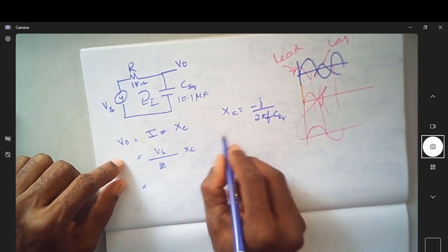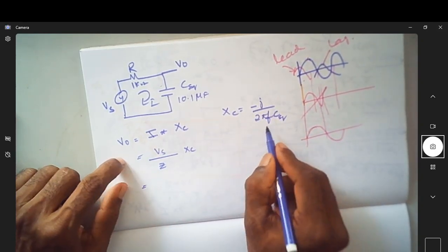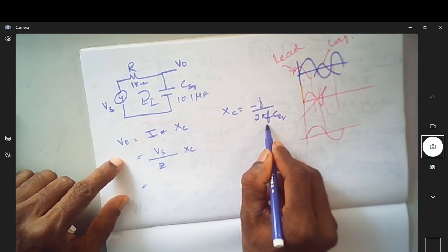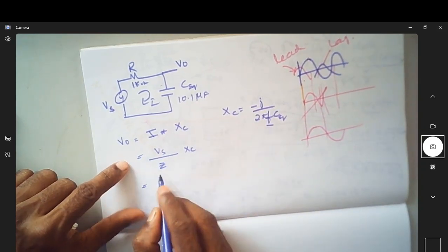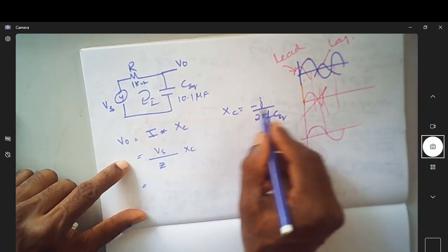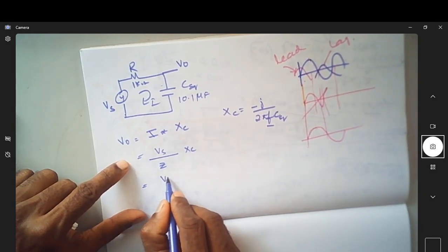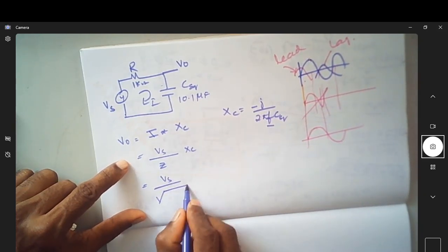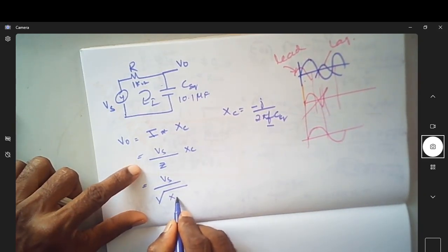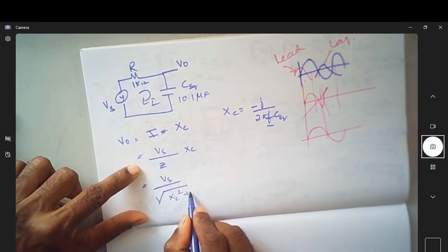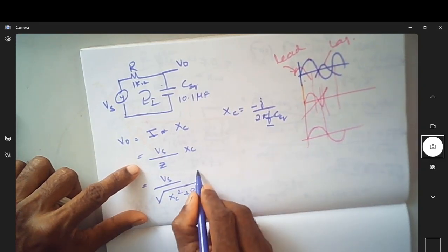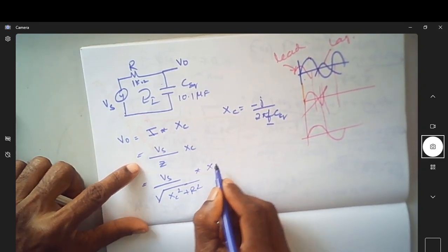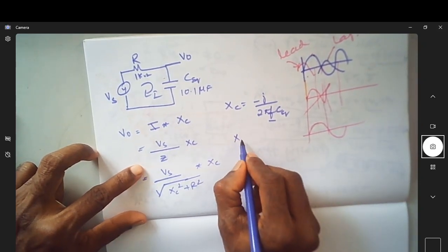Coming to the actual value, since we don't know the frequency, let us write the magnitude of this as Vs by under root of XC square plus R square, into XC, just the magnitude. What is the magnitude of this?